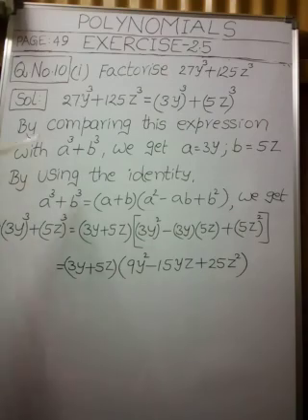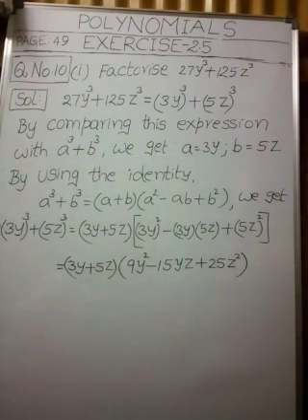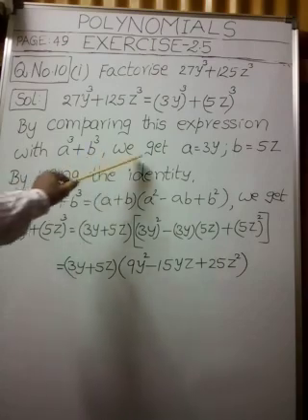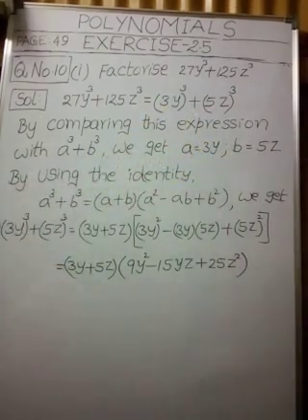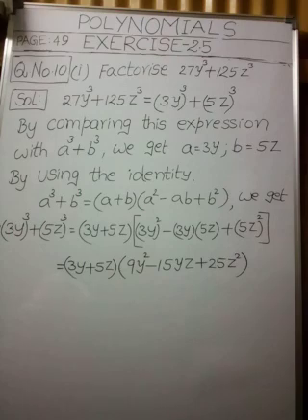Right. Now we are comparing this expression with a cube plus b cube, where a is equal to 3y and b is equal to 5z. Then we use the identity.